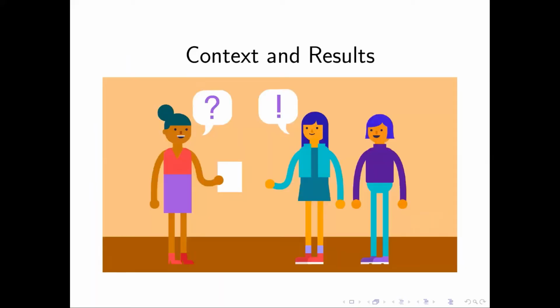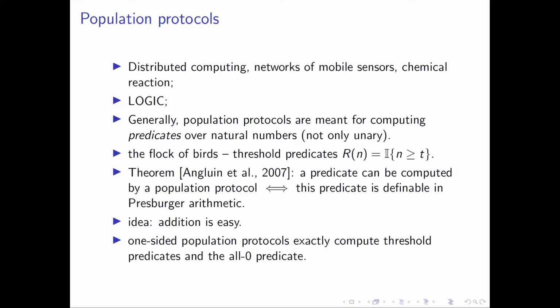Okay, let me now provide more context for this problem. Population protocols are in fact a very well-established model in distributed computing. It was inspired by some considerations in networks of mobile sensors, as our previous examples show, and also some considerations of chemical reactions, but probably it's most well known for its quite unexpected connections to logic.